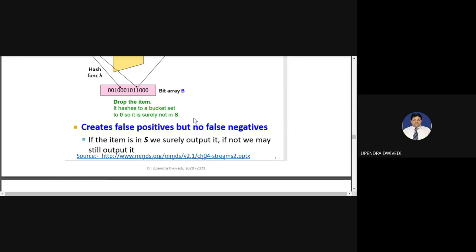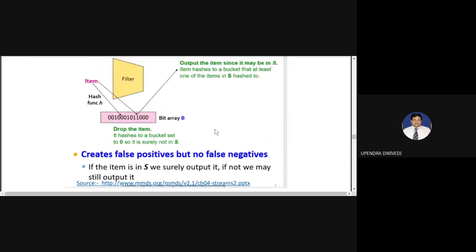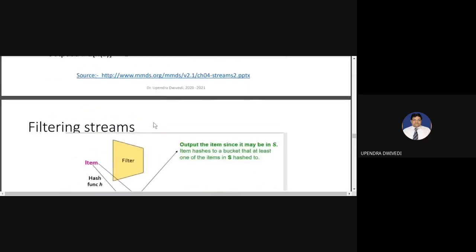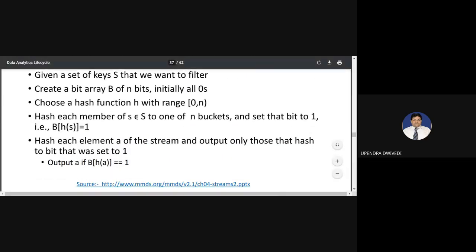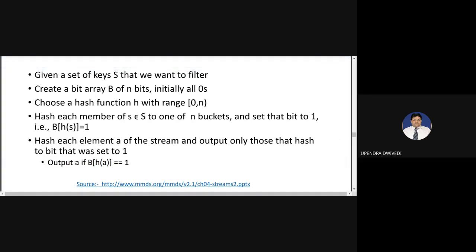Now, this approach creates false positives but no false negatives. What a false positive means is this: suppose we have taken a set of keys S. Let us go back to the algorithm. We have taken a set of keys S and applied the hash function to each member of S. Suppose we get the values 5, 6, 7, 8.